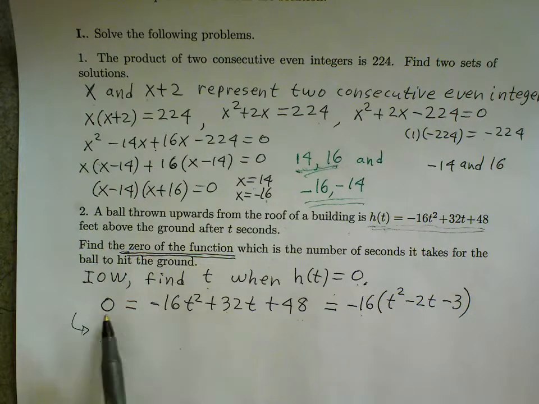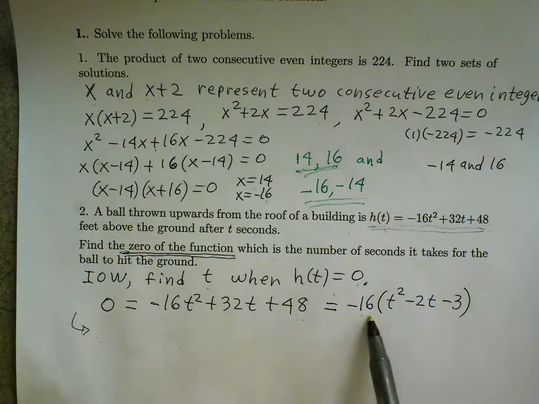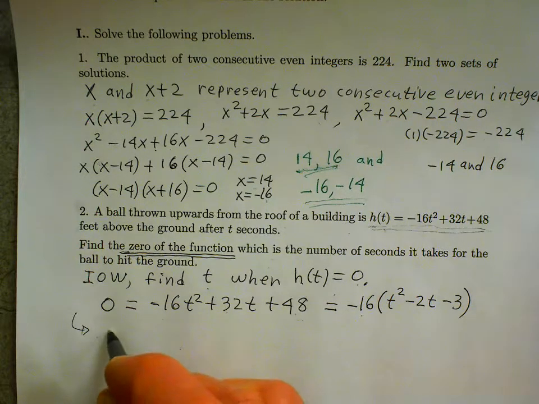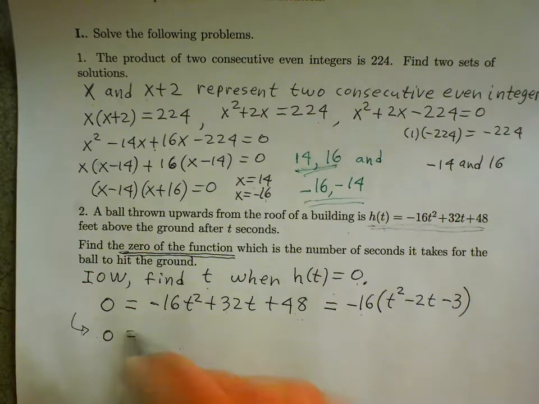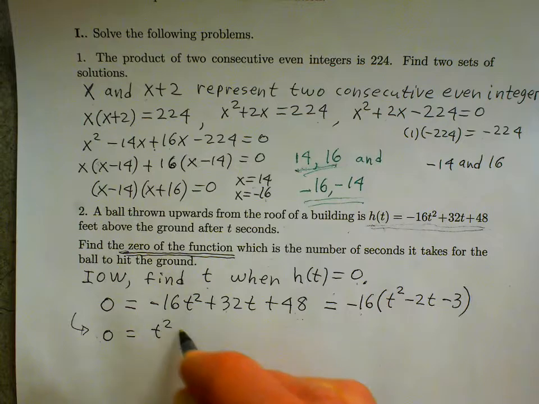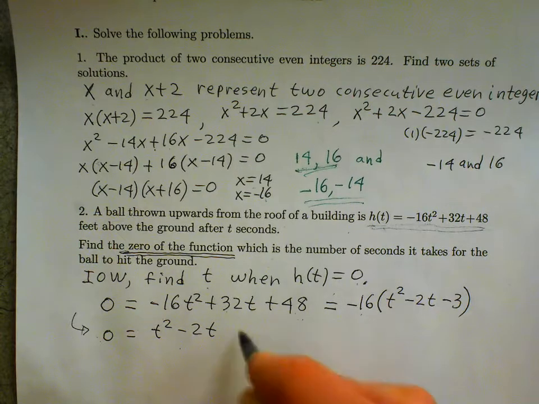So if we want, we can divide every term on both sides of this equation by negative 16, whether it's in this partially factored form or not. If we divide every term on both sides by negative 16, 0 divided by negative 16 is still 0. And then we're just left with 0 equals t squared minus 2t minus 3.